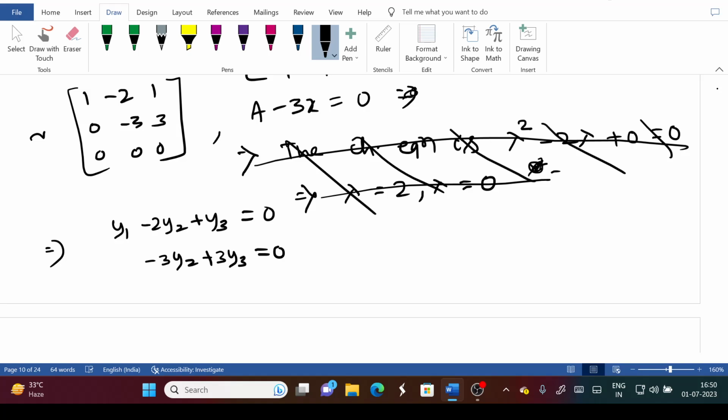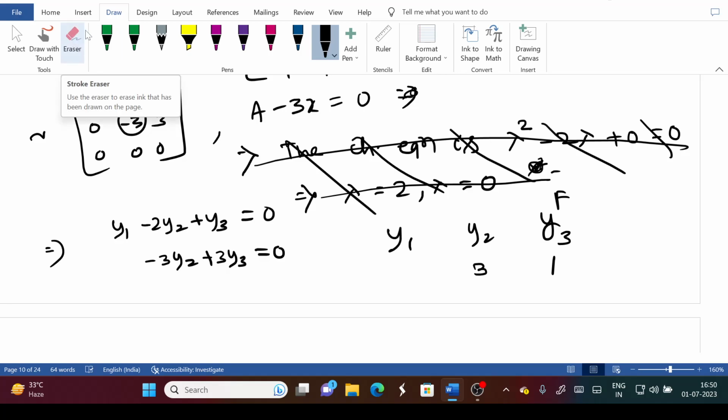Here these are the pivots, so y3 is free. I give y3 the value 1, from which minus 3y2 plus 3 is equal to 0, so y2 is 1.